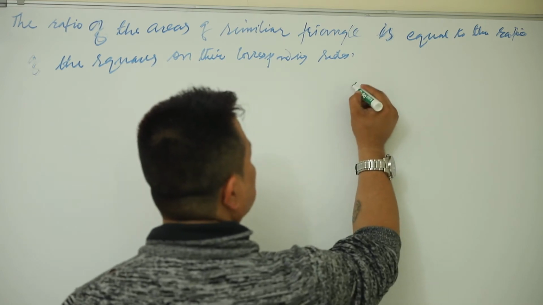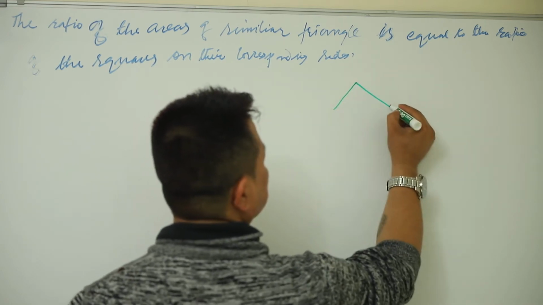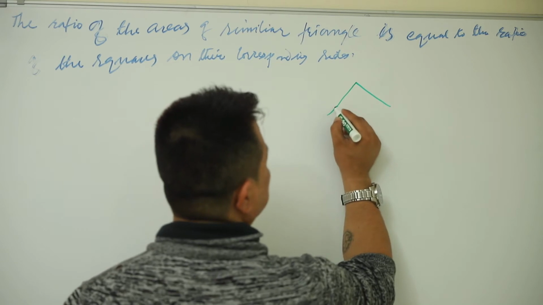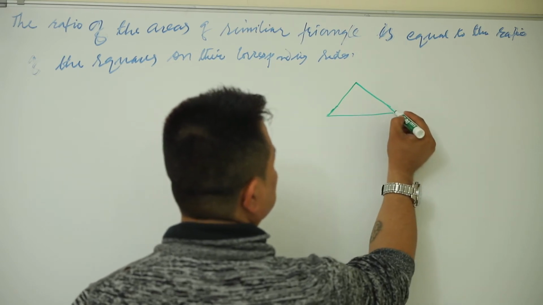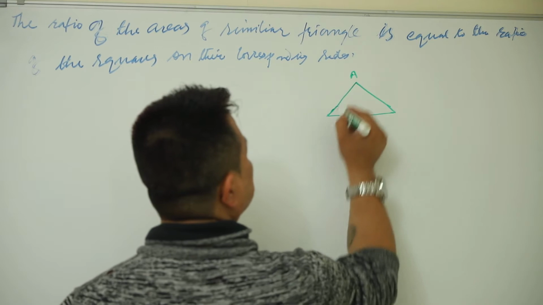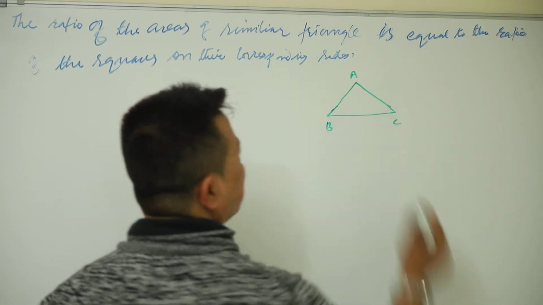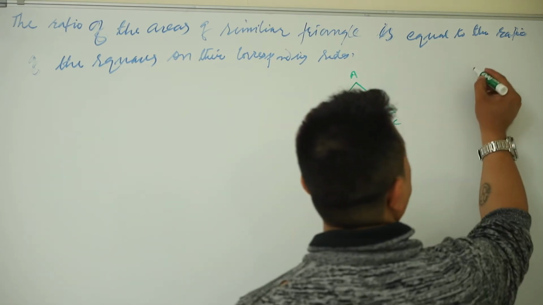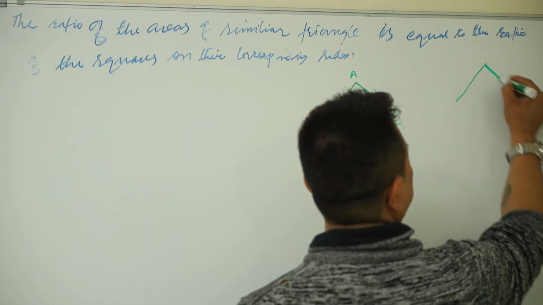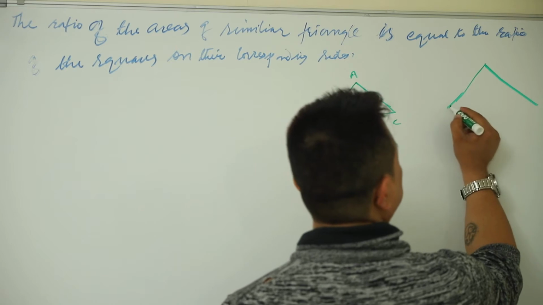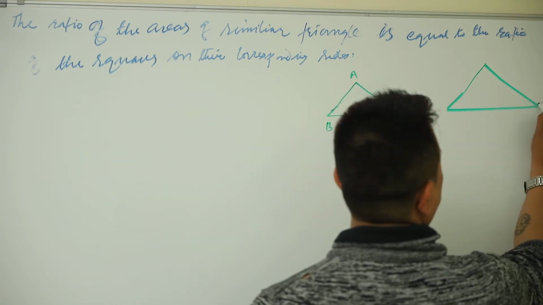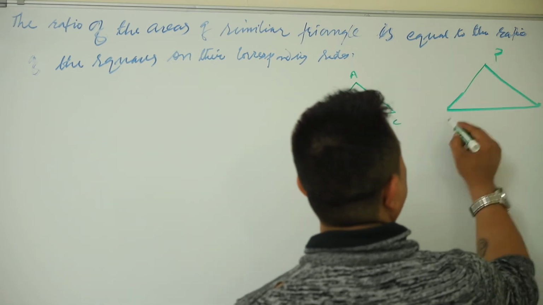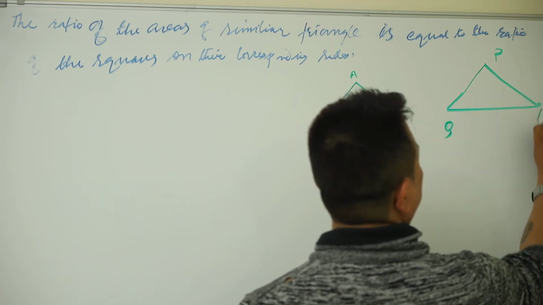Okay, take this triangle and name it ABC. The other triangle you can name XYZ, PQR, anything. Take another triangle and name it PQR.